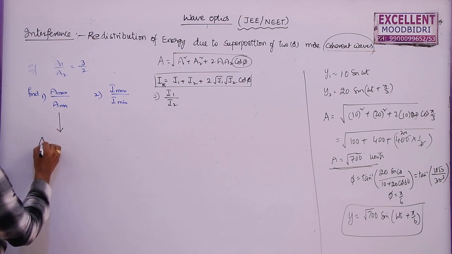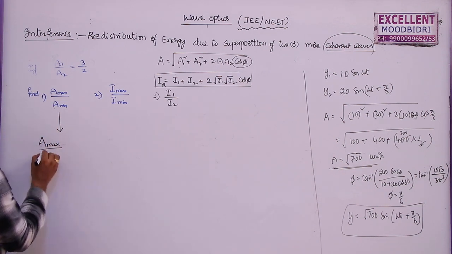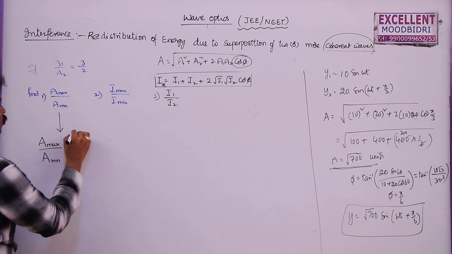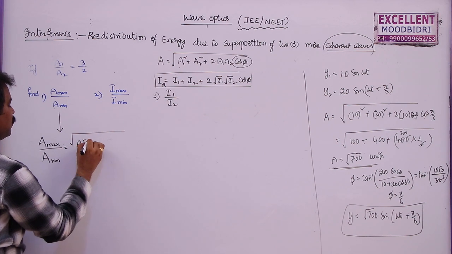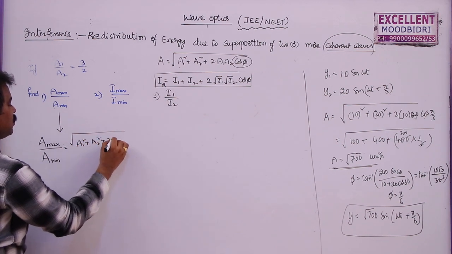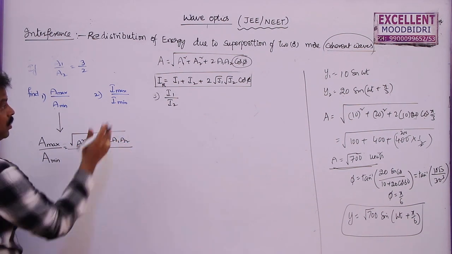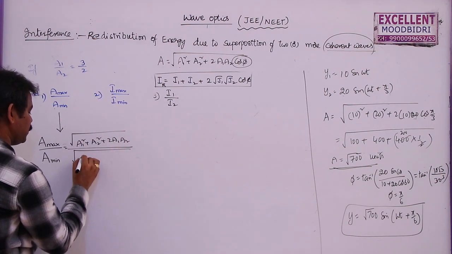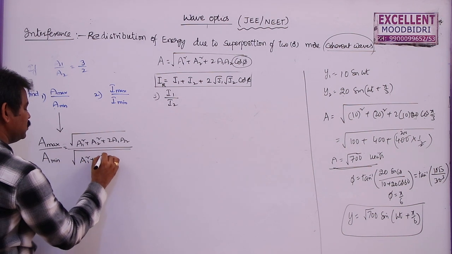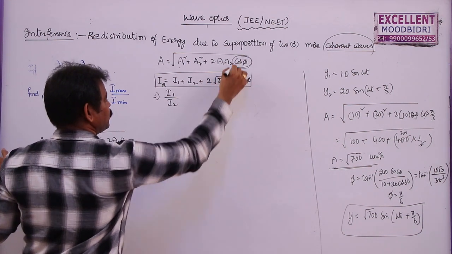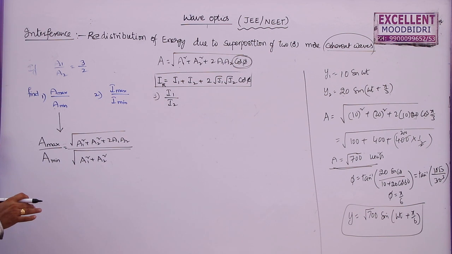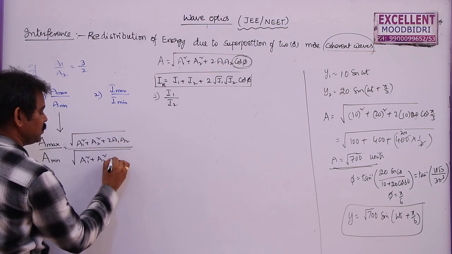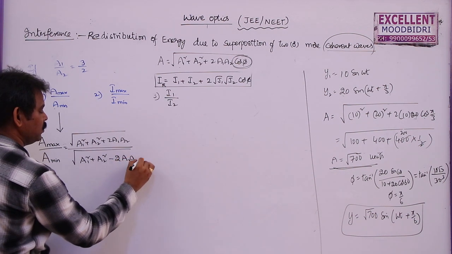So A max by A min is given by root over A1 square plus A2 square plus 2A1 A2, because cos phi will become 1, and A minimum is given by A1 square plus A2 square, and this value must be equal to minus 1 because the least value of the cos function is minus 1. So this is 2A1 A2 into minus 1, which can be written as minus 2A1 A2.